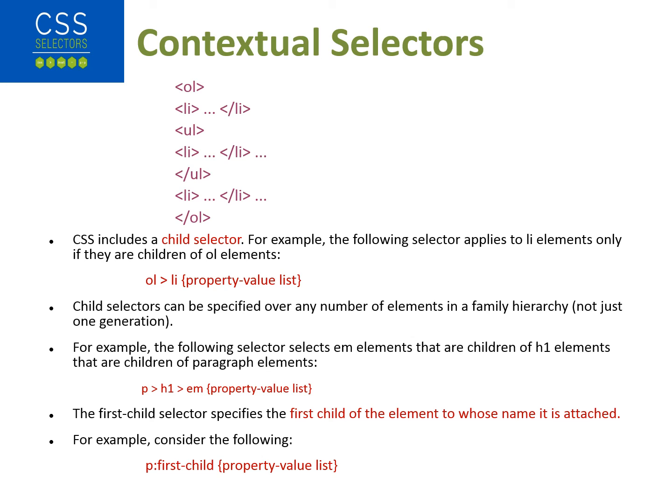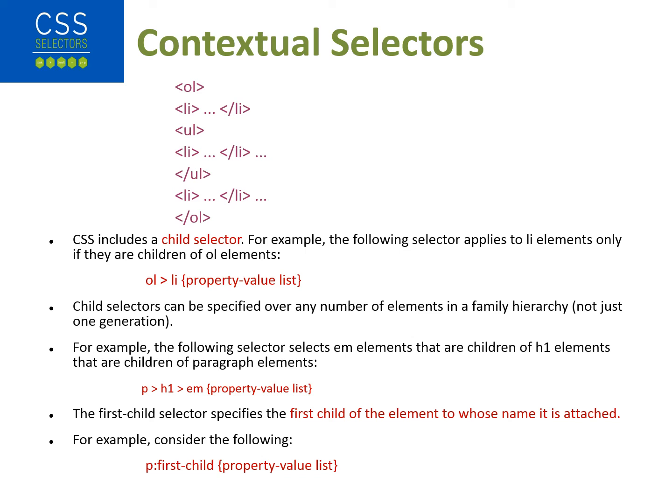So this property value list should be applicable for the EM tag, which comes in an H1 tag, and this H1 is specified in a paragraph. If the paragraph contains an H1 tag and if the H1 tag includes an EM tag, the font inside that EM tag should follow this property value list.